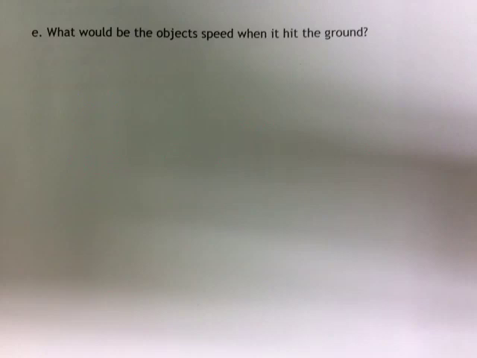All right, what would be the object's speed when it hit the ground? All right, now we know that it hits the ground at 7.525 seconds because we just calculated that in the last section. And the question's asking us about speed.